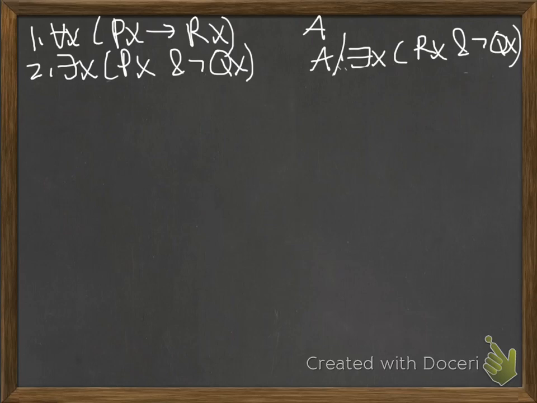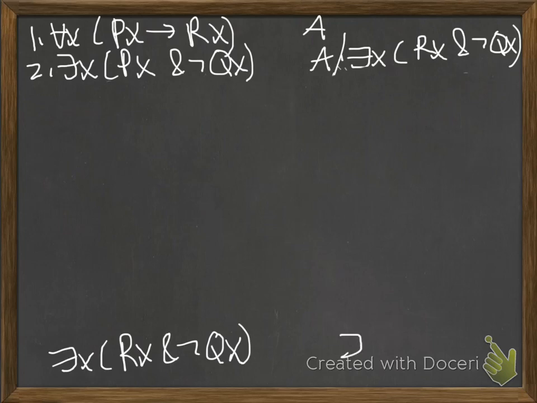Okay, so here we want to prove an existential formula. There exists an x such that Rx and not Qx. So we're going to get this by the rule of existential introduction. And to do that, we need a formula of the form Ra and not Qa.